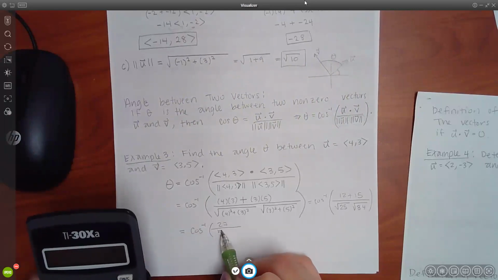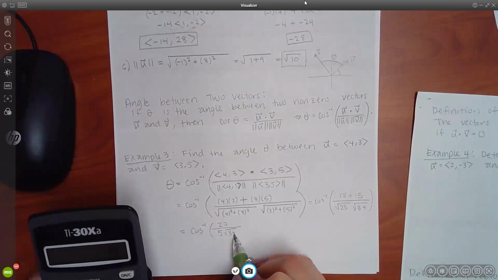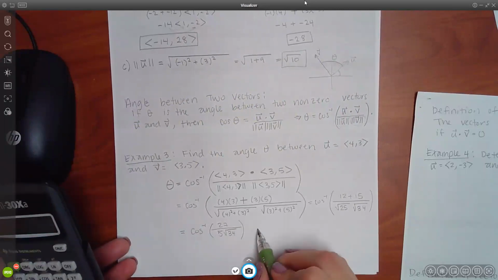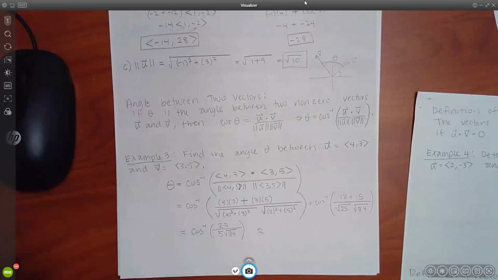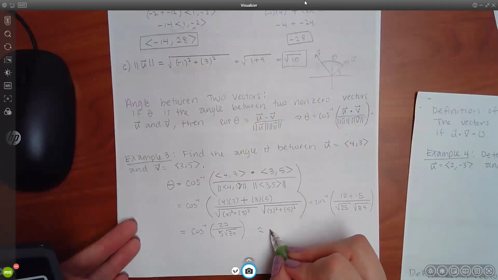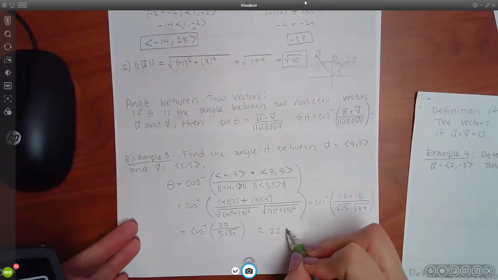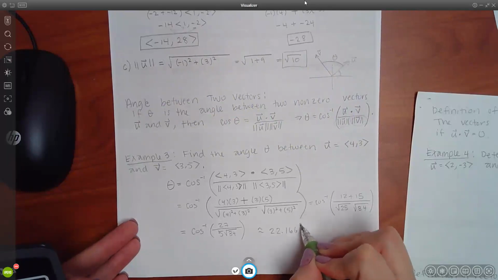Square root of 25 is just 5, but I don't know about that guy. He doesn't have a nice square root. And when I take the cosine inverse, I get approximately 22.166 degrees.